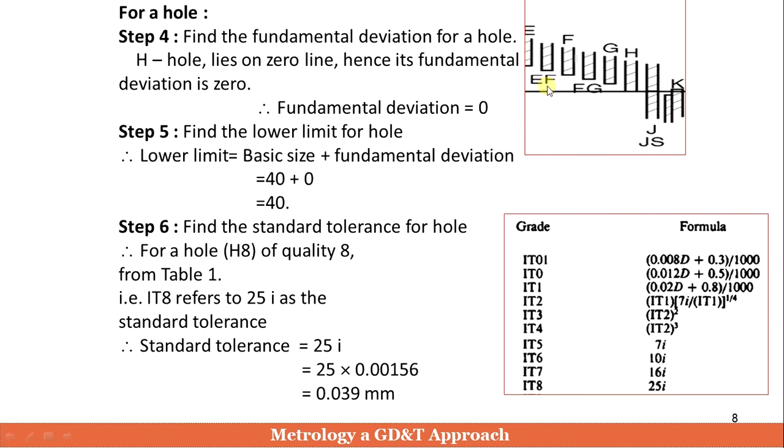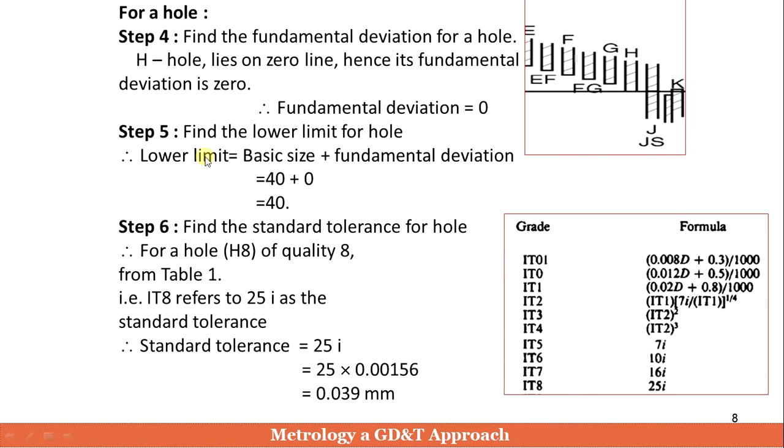Now if you remember, I have just taken a snapshot over here. The H type of hole is just lying on the zero line. That means its lower limit or minimum limit exactly coincides with the zero line. So obviously the fundamental deviation for the H type of hole will be 0, since the lower deviation is 0.